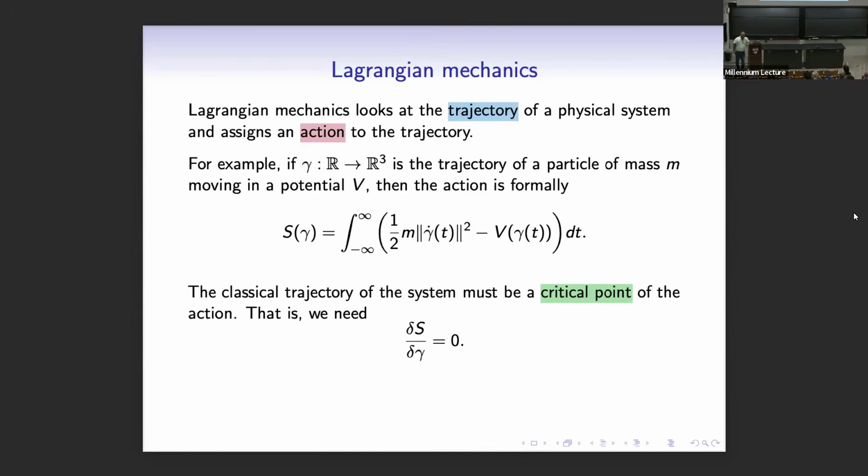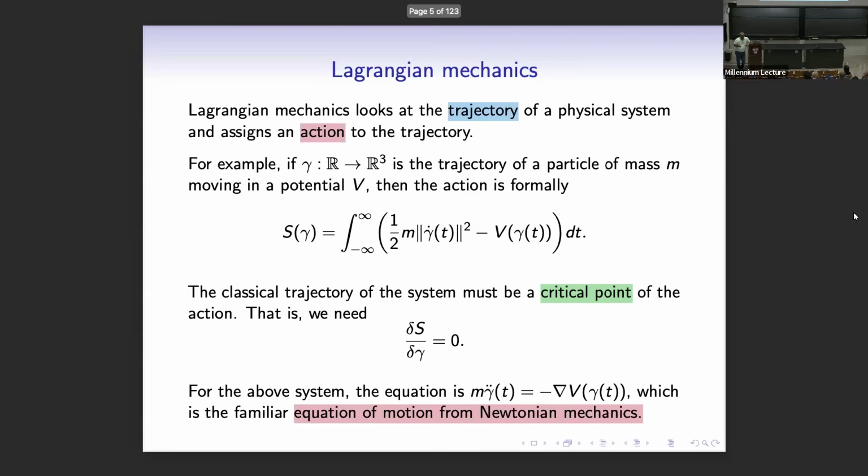And what Lagrangian mechanics tells you is that for any classical system, the classical trajectory of the system should be a critical point of this action. Something that minimizes the action, but more generally, something that's a critical point of this action. So if you do a variational derivative, you get 0. You just shift the action a little bit, you get 0.